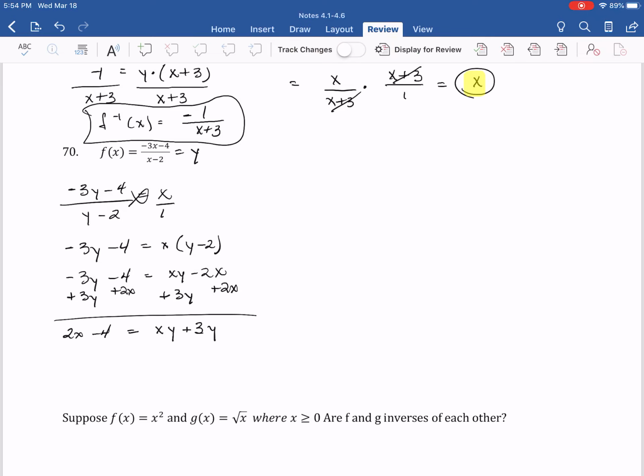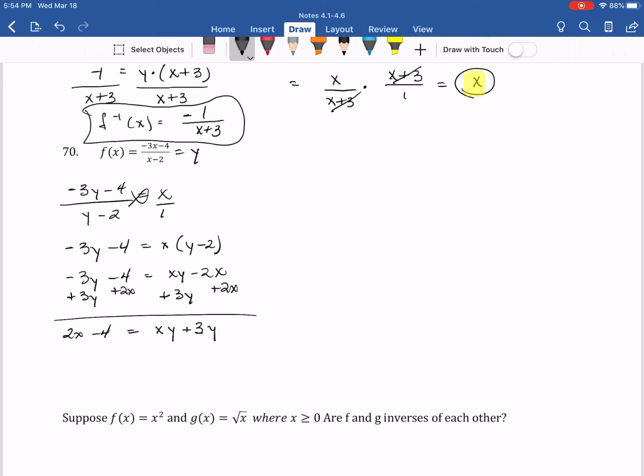We notice that both terms on the right-hand side contain that common factor of y. We can factor out that common y, and then divide both sides by that leftover quantity. That's going to get the y by itself.